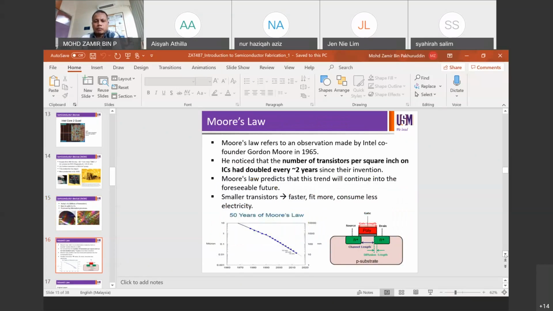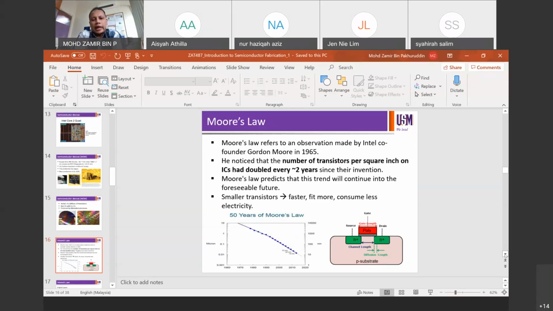So back in 1965, there was an observation made by Gordon Moore. Gordon is one of the co-founders of Intel. This observation is called Moore's law. It's called a law, but it's not a law, rather an observation made by Gordon Moore.